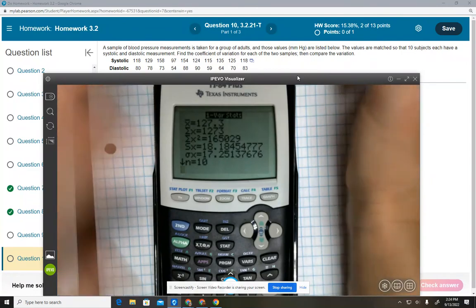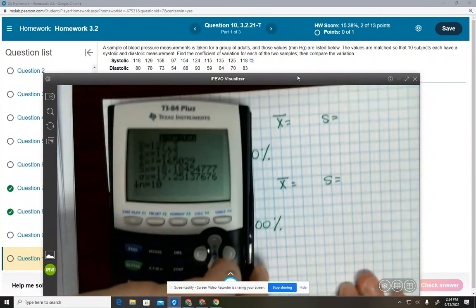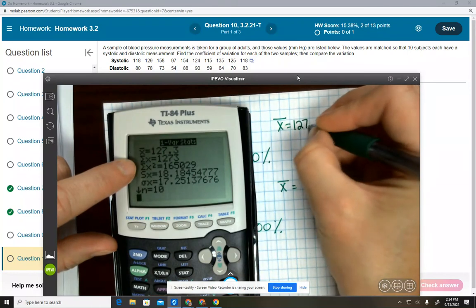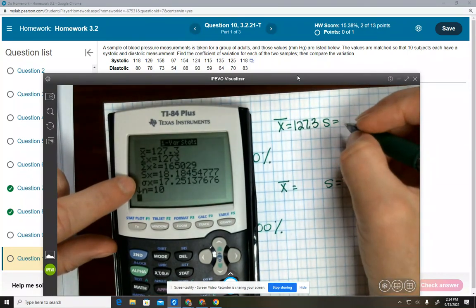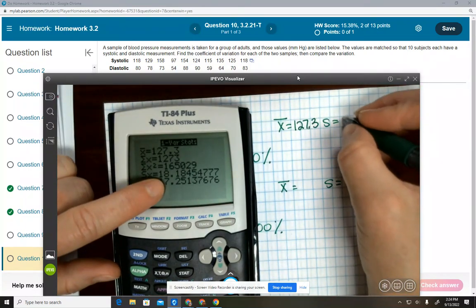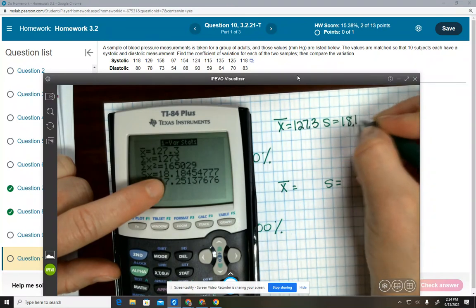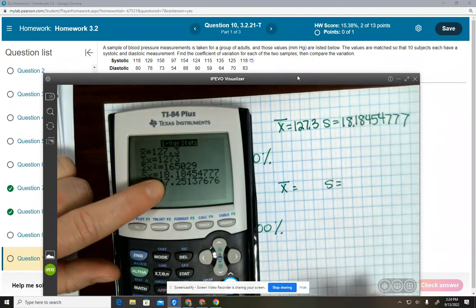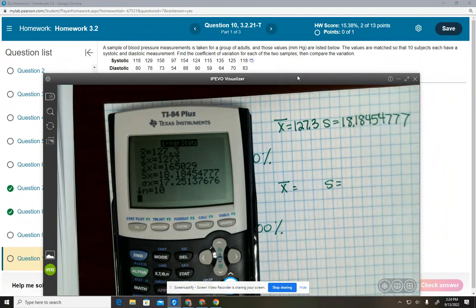And so for the systolic, my mean is 127.3. Standard deviation is 18 point, let's do, just because I need it to be as accurate as possible.